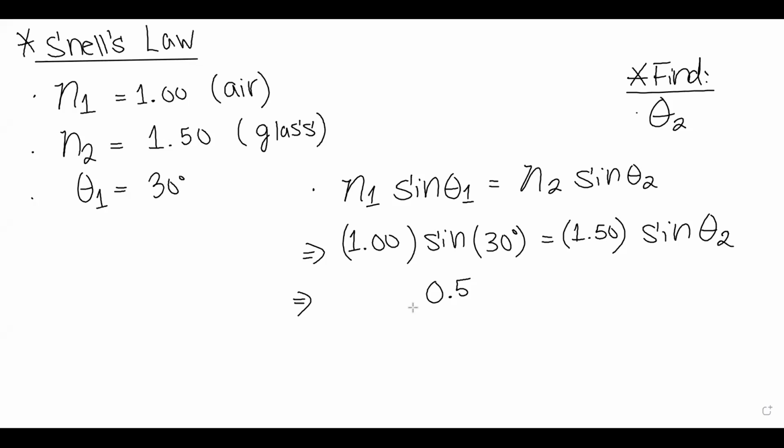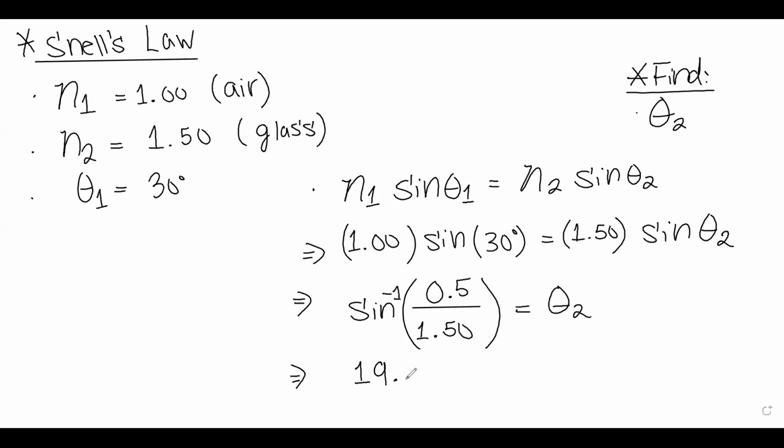Divide both sides by 1.50. Take the inverse sine of both sides to isolate theta 2. 19.5 degrees is approximately theta 2.